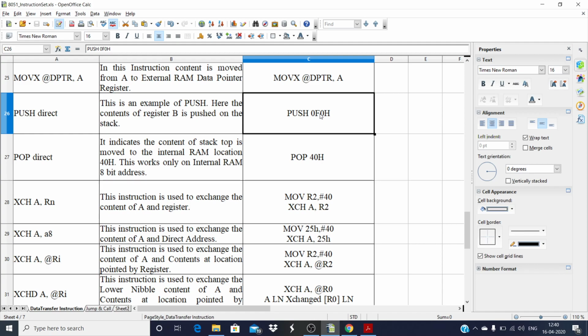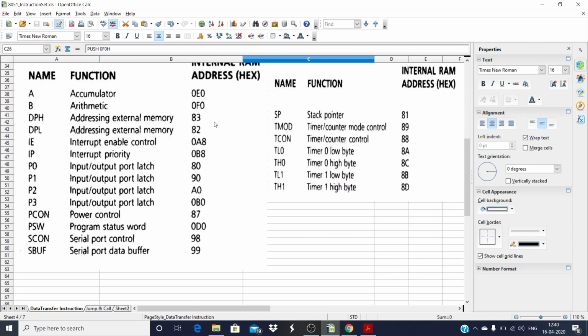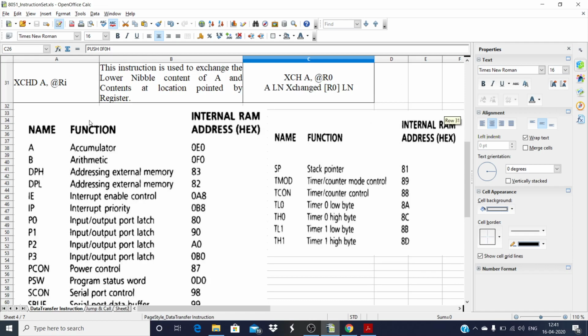So this 0F0 is the address of an SFR. Which SFR? It is B. B has address 0F0. Why have we written 0 in front of it? Because the processor should not misunderstand it as a variable. That's why we have written 0 in front of it. So 0F0 is the address of the SFR B that we are using in this example.